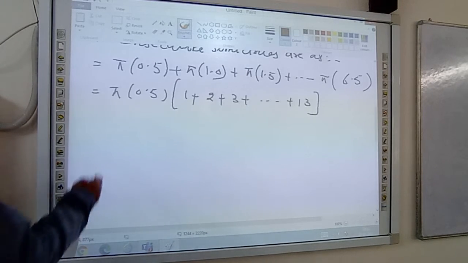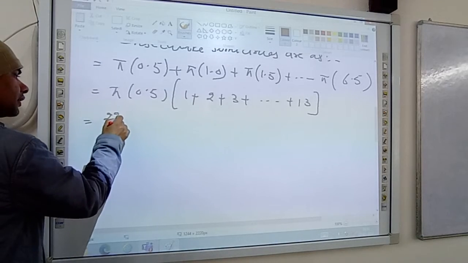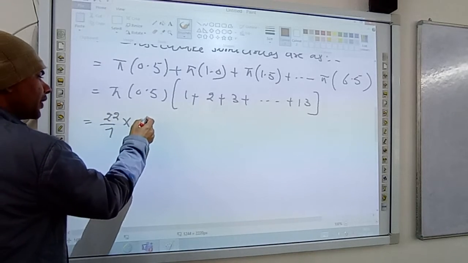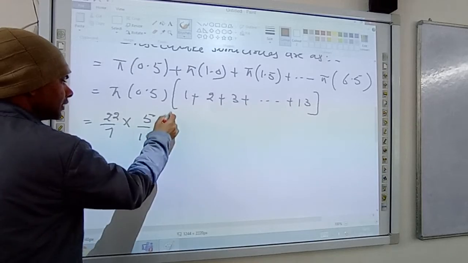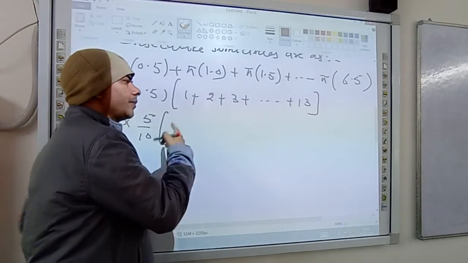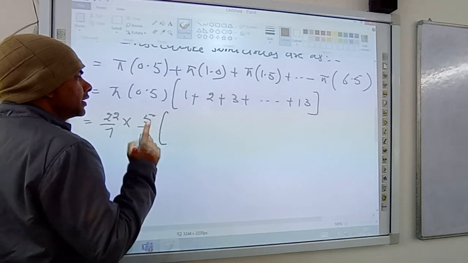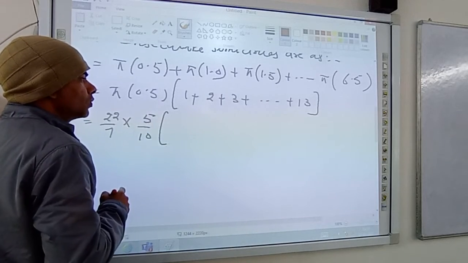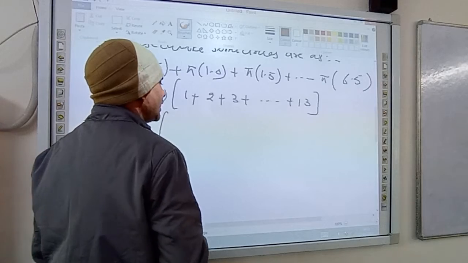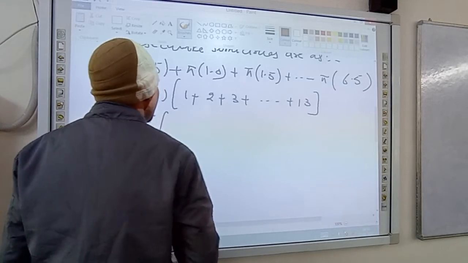The value of pi is 22 by 7, and 0.5 is 5 by 10. First term is 1, common difference is 1, last term is 13, number of terms is 13.